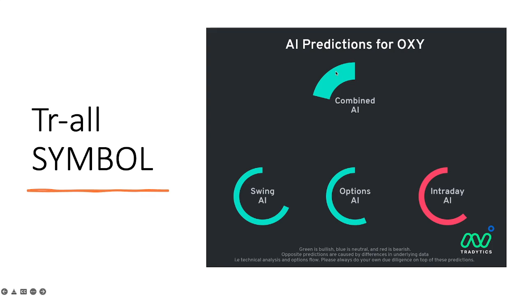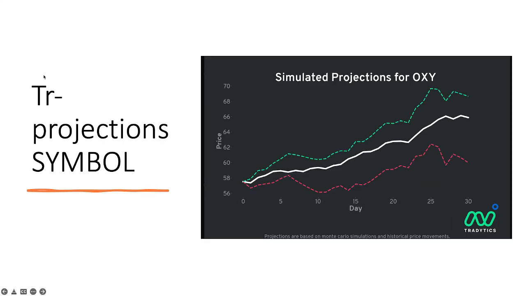Just to get a little extra confirmation, you can also run TR projections symbol, and this will give you, using Monte Carlo simulations, based on previous historical price movements, a simulation of how the price is expected to move. And it's kind of interesting because even if you look at the bearish simulations here, it's still expected to move up.